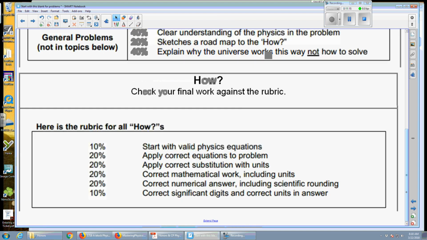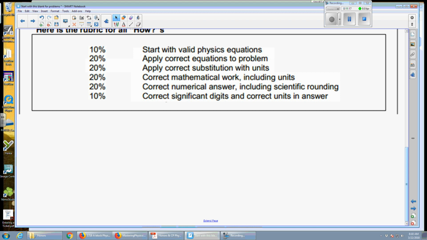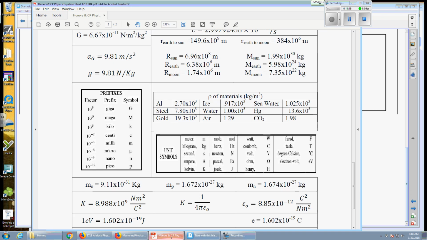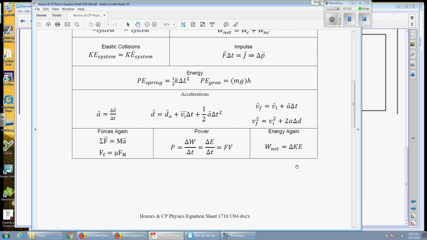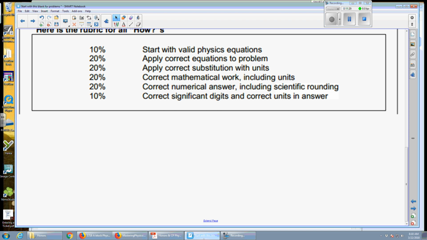So then on to the Y here, and from my equation sheet, I'm going to look at the acceleration section and apply that. I'm going to start off with my main equation here.